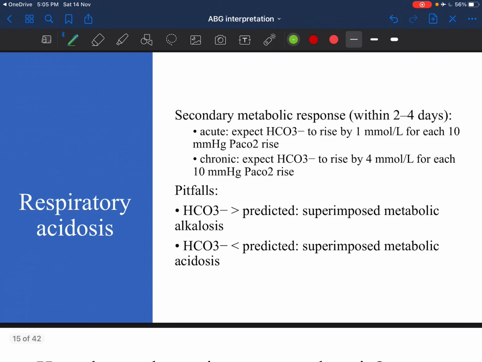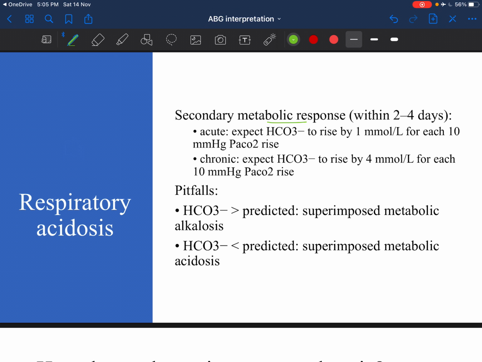Now, the patient is having a respiratory acidosis problem. Okay. So, in respiratory acidosis, you want a secondary metabolic response. Always remember, in a respiratory primary problem, you always tend to divide it into acute or chronic, by history, or you can also use a calculation that I will be teaching you shortly.